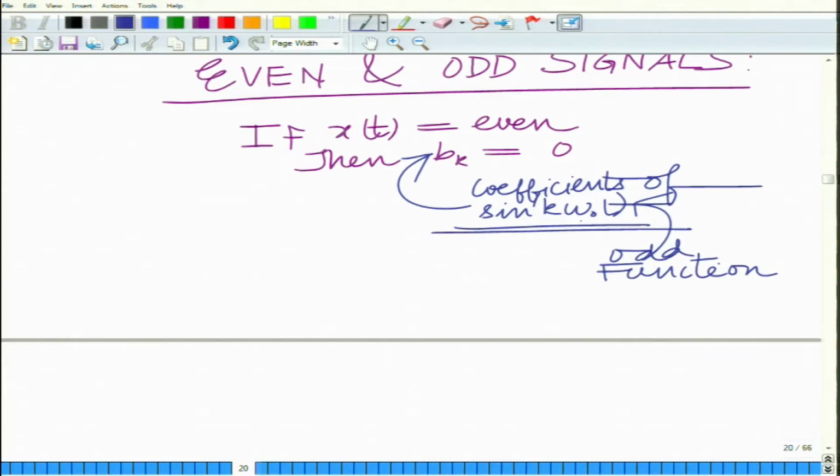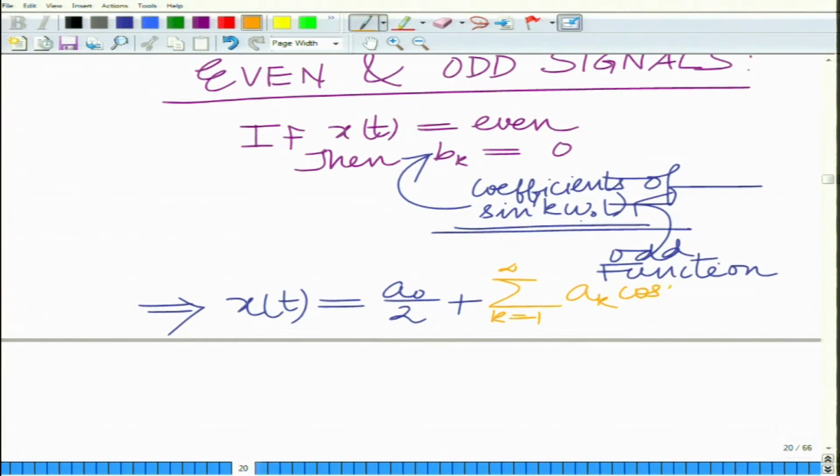This can be formally proved also; it is not very difficult to prove. Therefore, the trigonometric Fourier series is given as xt equals a naught by 2 plus summation k equal to 1 to infinity ak cosine k omega naught t, because the bk's are 0 and the sine terms vanish.